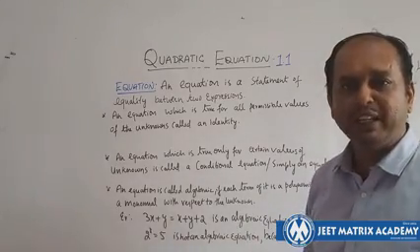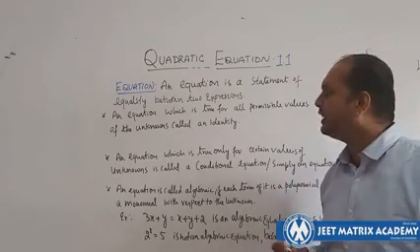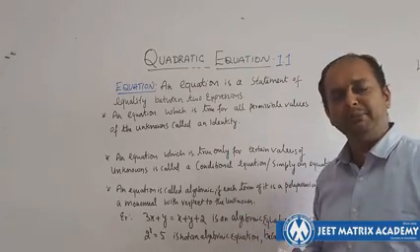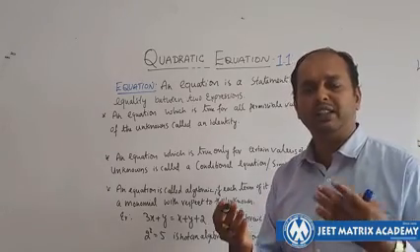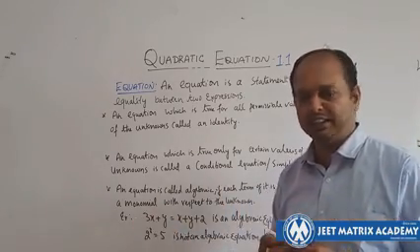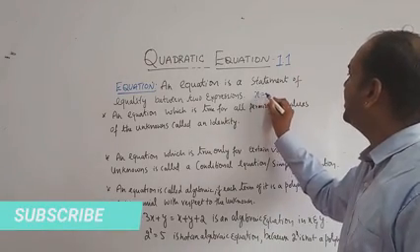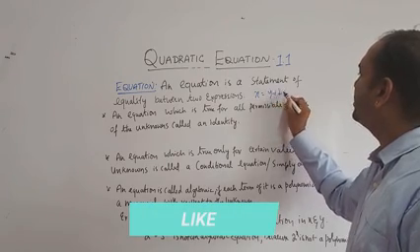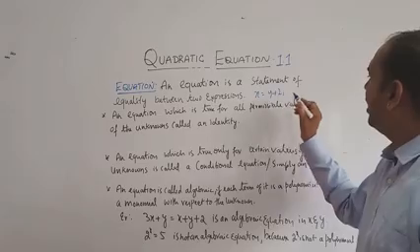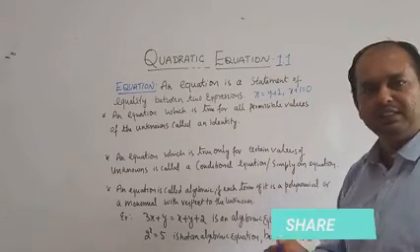What exactly is meant by an equation? An equation is a statement of equality between two expressions. There should be two expressions, the right hand side as well as the left hand side. For example, x equal to y plus 2 is an equation, or simply x plus 1 equal to 0.